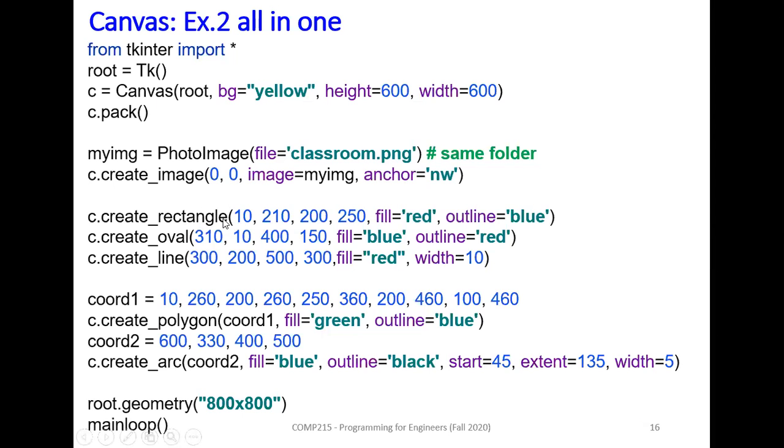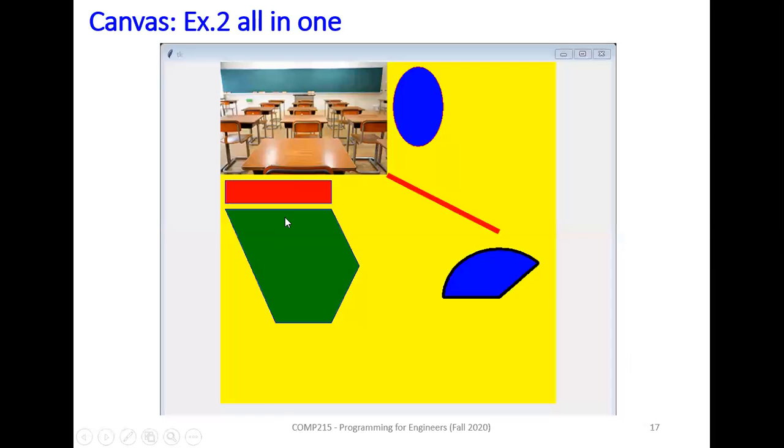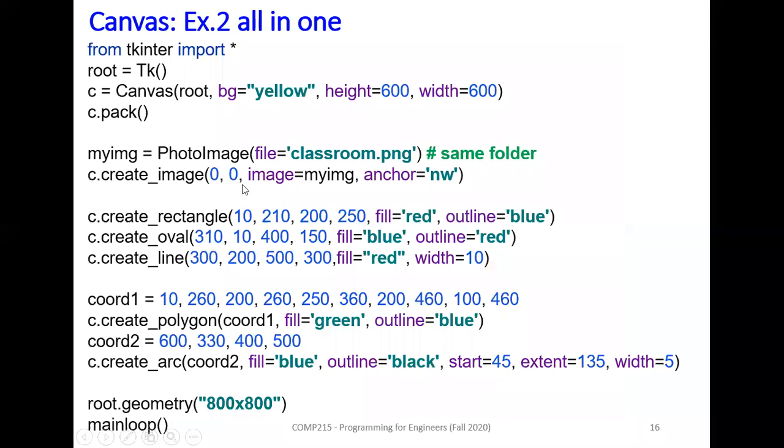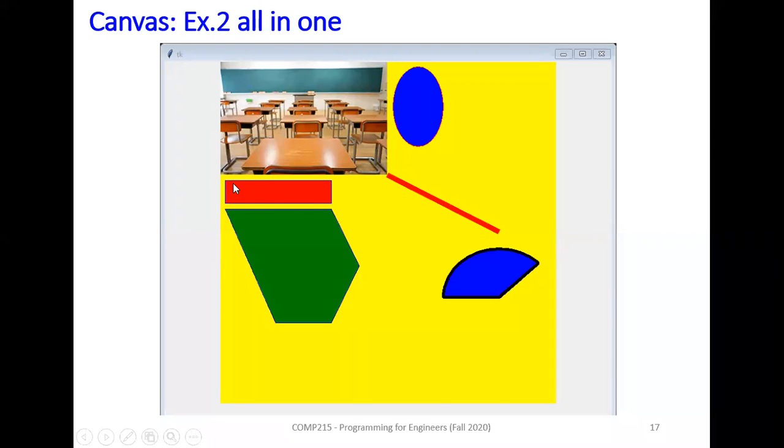Then the rectangle, 10, 210. Rectangle here: 10 on x, 210 from above. This is the first point, x 10, y 210, under the picture, because the picture is 200 high. So we leave 10 pixels here. 10, 210 means 10 pixels of space here and 10 pixels of space, okay? Then 200, 250, the diagonal point, 200 from the left and 250.